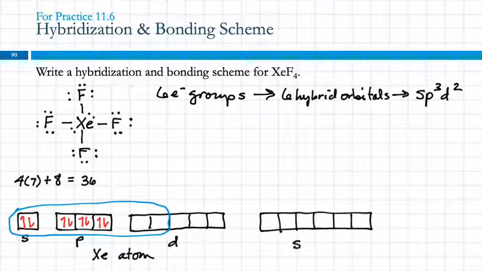And that's sp3d2. And then the electrons, I'm going to put in there, according to Hund's rule, separately at first, and pair up if I have to. 1, 2, 3, 4, 5, 6. Now I have to pair up. 7, 8.